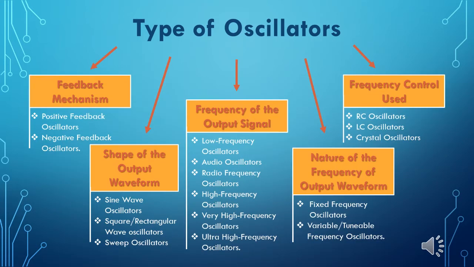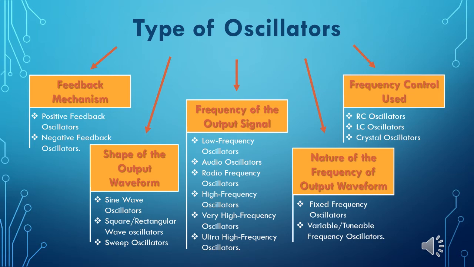Oscillators also can be classified into various types depending on the parameter considered. These classification types have been given below. There are classifications based on the feedback mechanism, such as positive feedback oscillators and negative feedback oscillators. Classification based on the shape of the output waveform, like sine wave oscillators, square or rectangular wave oscillators, and swept oscillators.